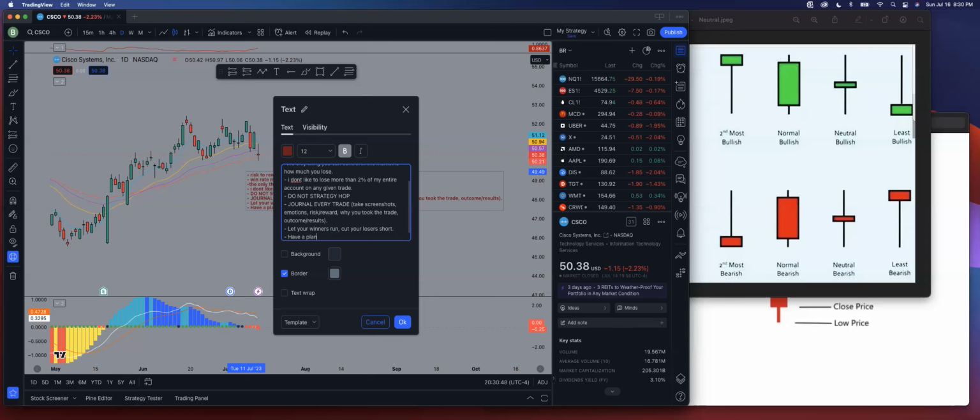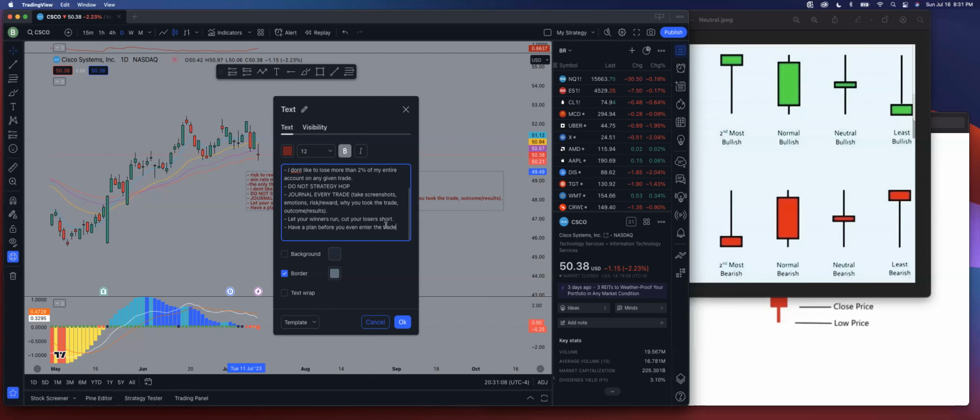Have a plan before you even enter the trade. This means you know when you're going to get in and when you're going to get out before you even get in. All of this needs to happen before you get into the trade.